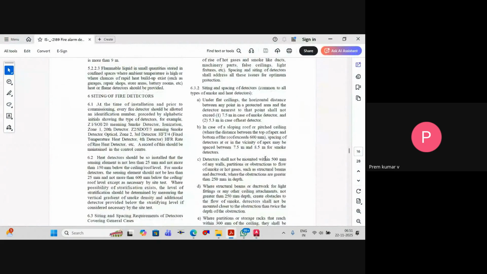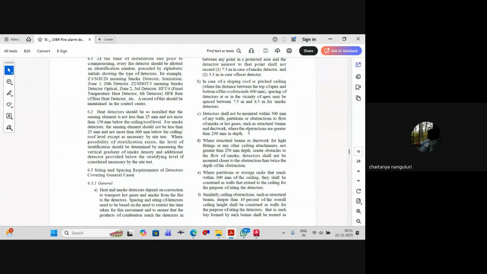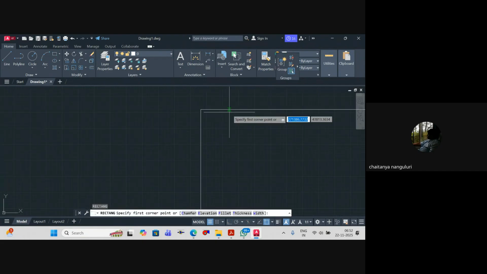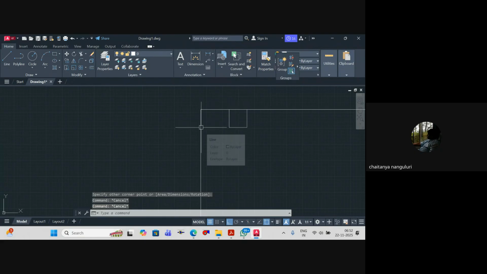Then, detectors shall not be mounted within 500 mm of any walls or partitions. That particular zone we call dead space. Whenever you've got a wall and a ceiling, the minimum gap between your detector and the wall should be 500 mm.